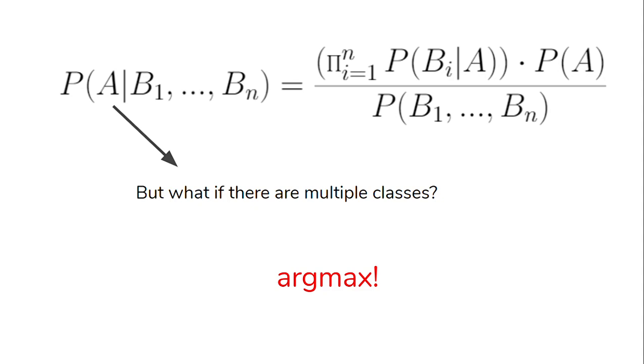And so what we do is we apply this equation to all three of these different classes, so the setosa, versicolor, virginica, and we plug in each one as event A. Now we take the attributes to be the same each time, and we solve for this value right here, this P(A | B1 to Bn). And basically what we're doing is we choose the value that's the highest, and we take that event A, right?